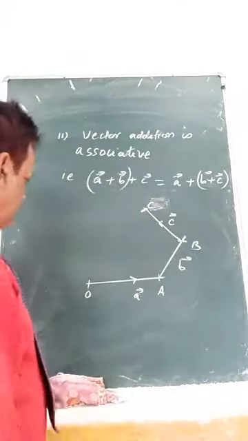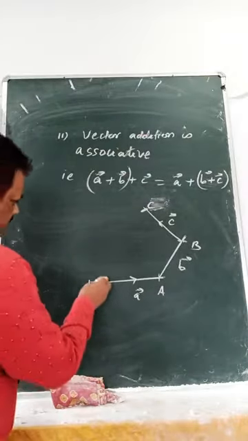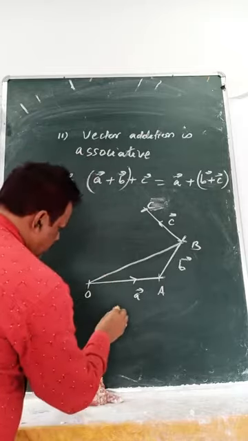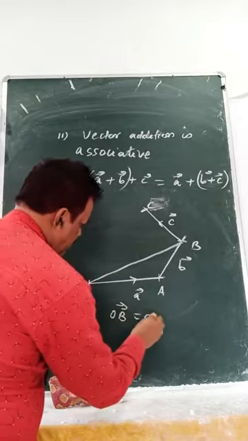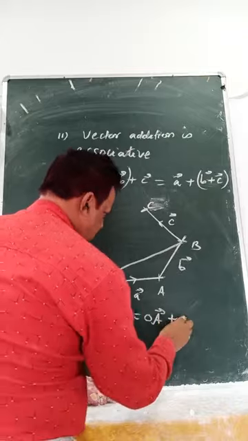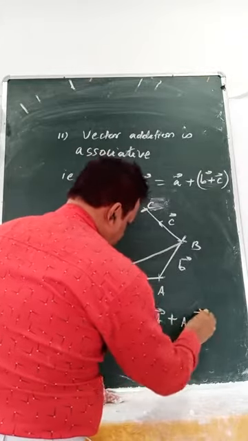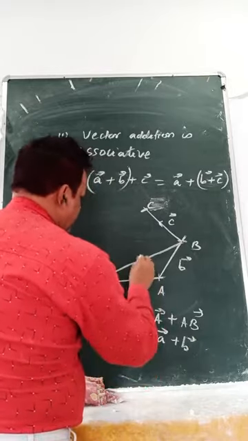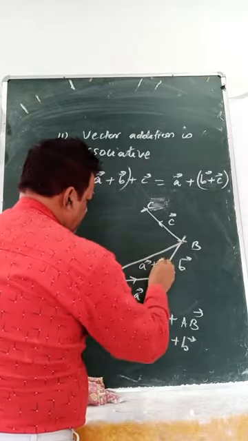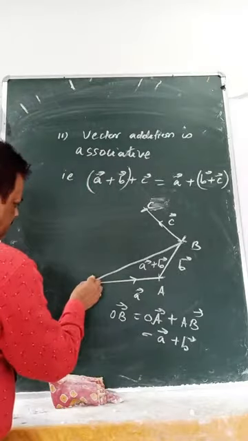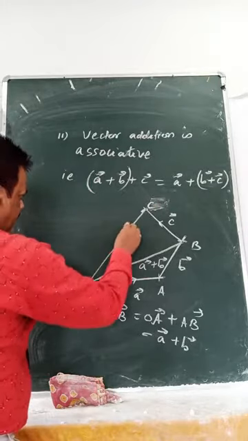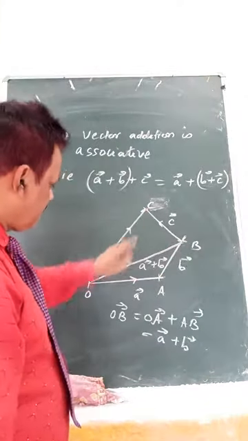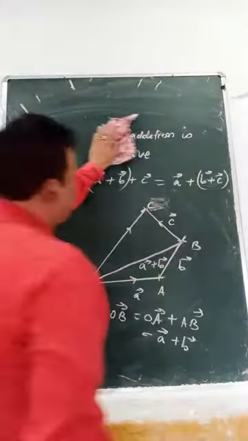Now look here. By the vector law of addition, OB equals OA plus AB, that means A plus B. Again by the vector law of addition, OC equals OB plus BC.